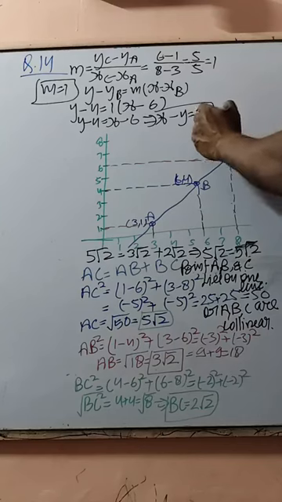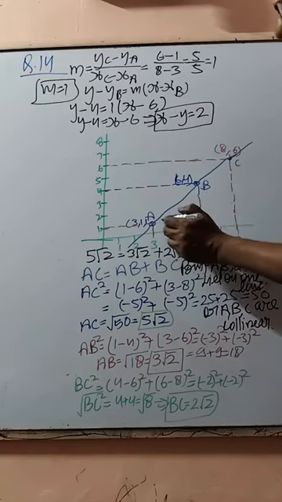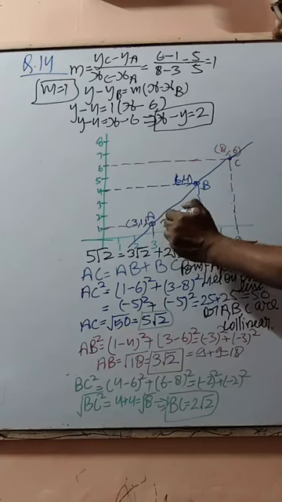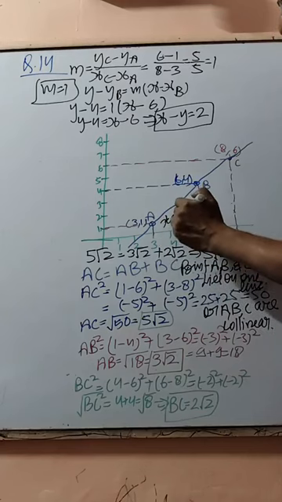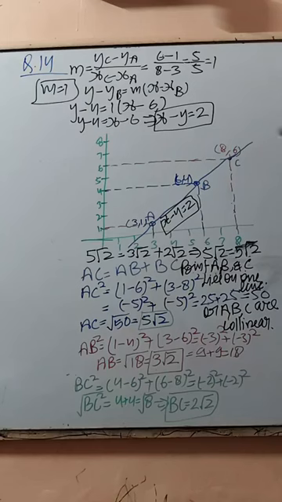This is the equation of line. इस लाइन की जो इक्वेशन है वो क्या है? x minus y is equal to 2, right? ये इक्वेशन ऑफ लाइन निकाल लिया हमने.